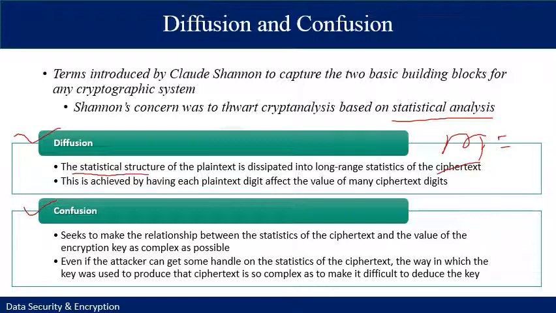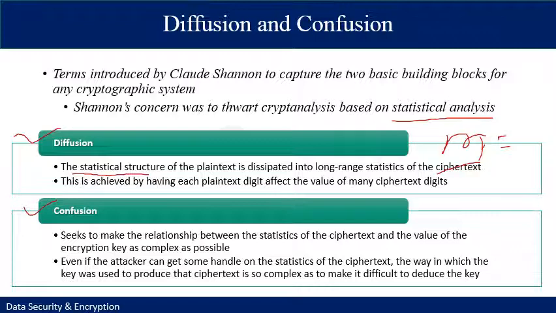This can be achieved by the use of a complex substitution algorithm, because a simple substitution such as in the Caesar cipher or mono-alphabetic ciphers would add little confusion. So we want to add higher confusion.